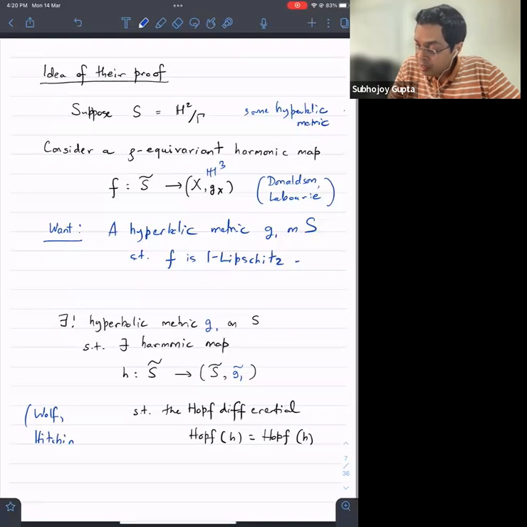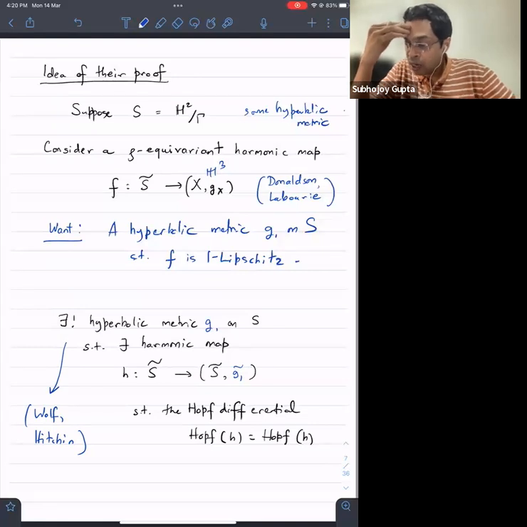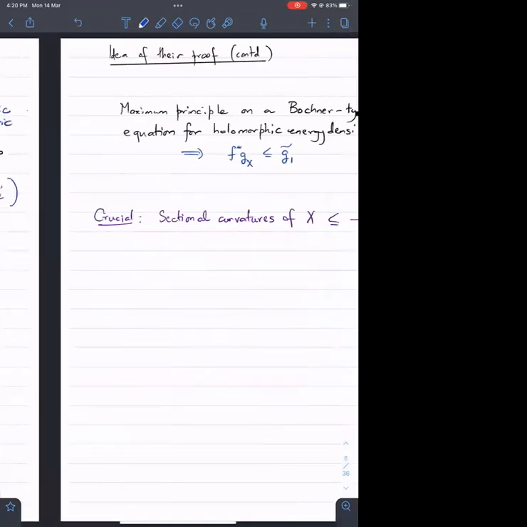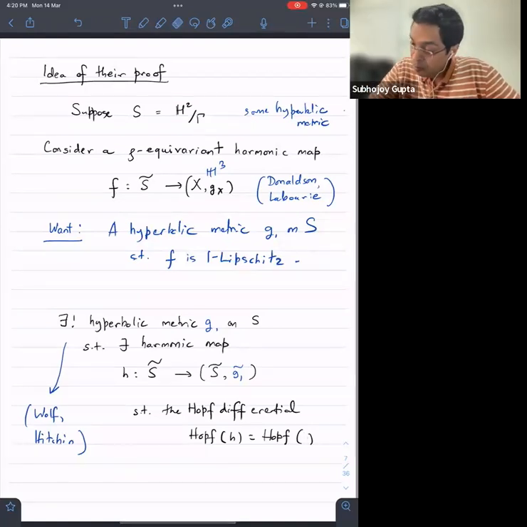So this is the existence of such a hyperbolic metric. The fact that it exists and is unique is due to Mike Wolf and, independently, part of Hitchin's work. And once you have this analytical input, what's the last statement? The Hopf differential of what is equal to? Oh, sorry, there's a typo here.